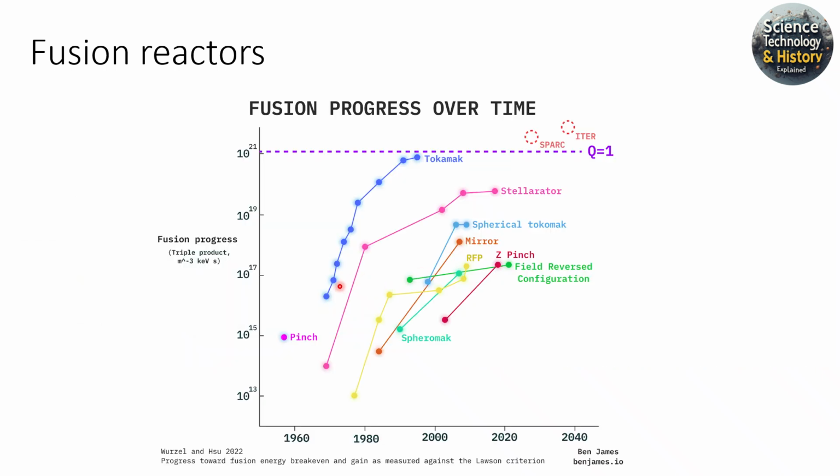So if we look at the different types and the progress of fusion over time, this is basically how the evolution has gone, where more and more energy has been emitted or taken out of fusion. But this is the magical line where you are getting more energy out of your reactor than you're putting in to start the reactions.